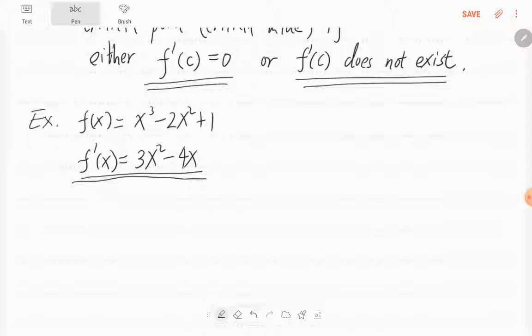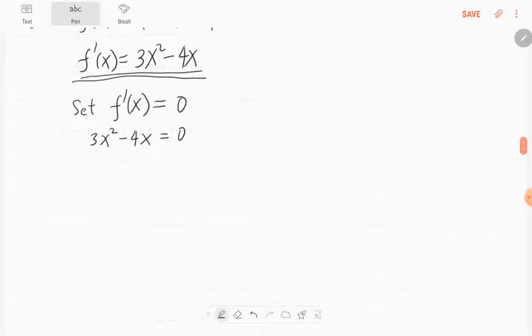But we have some numbers that make this derivative 0. How do we find those numbers? We just set f prime equals 0 and solve this equation. 3x squared minus 4x equals 0. Now let's factorize it.